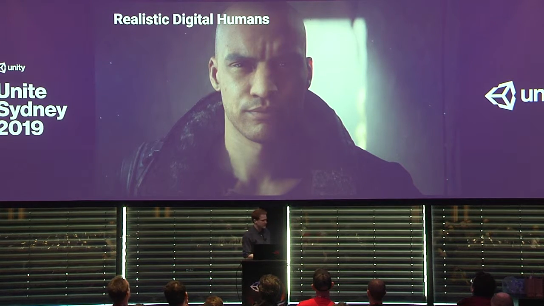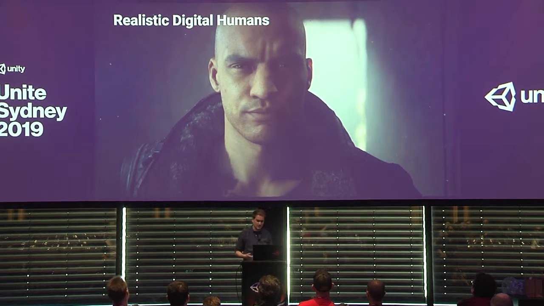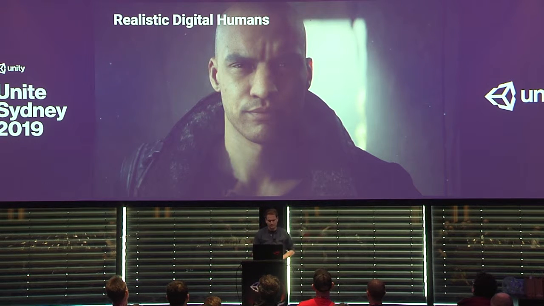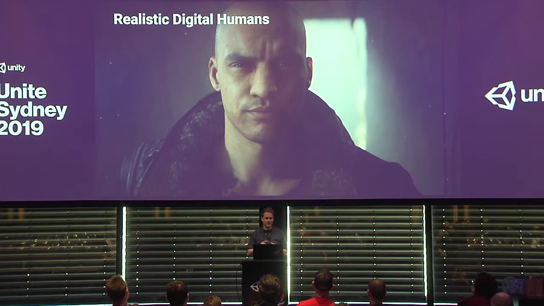So the first thing they wanted to tackle is realistic digital humans, which is something they haven't really approached in any of their previous projects or in other big demos at Unity. And they wanted to tackle this for a number of reasons. One is their previous demos had like a robot and a god covered in face paint or body paint and things like this.